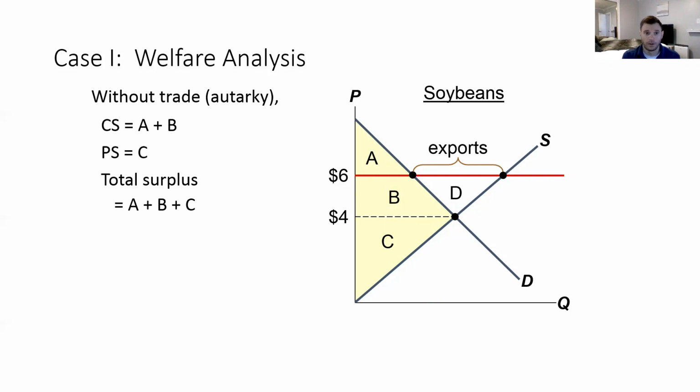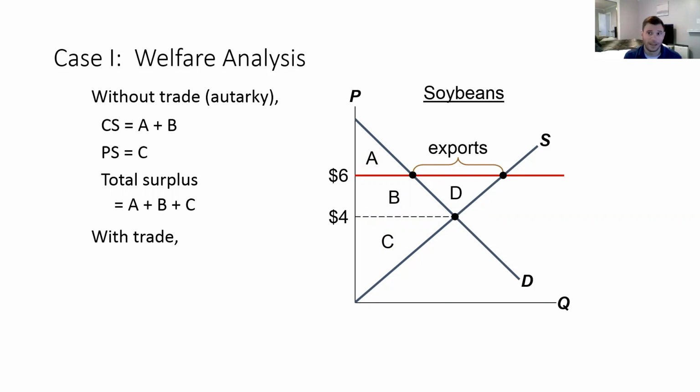Now we're going to compare this outcome to the outcome when we open up to free trade at the world price of $6. Note now that if the price increases to $6, the consumers are all paying a higher price domestically as a result of this.